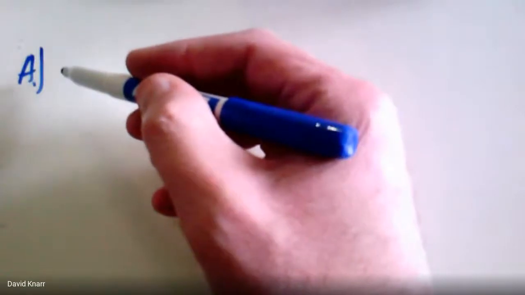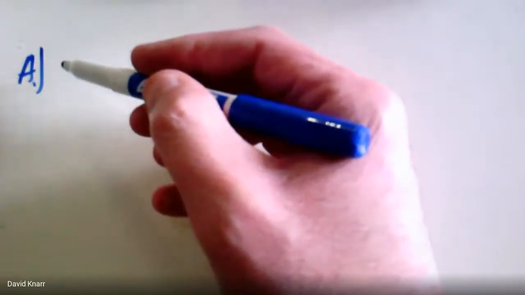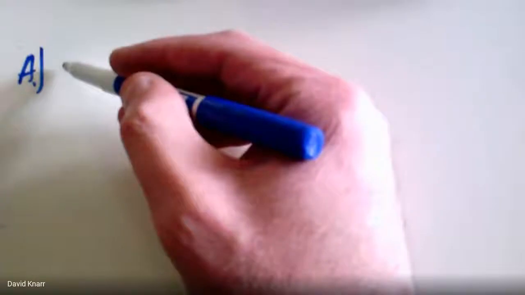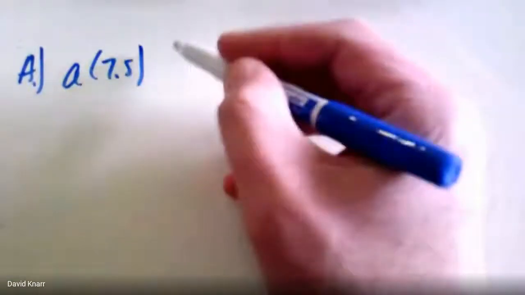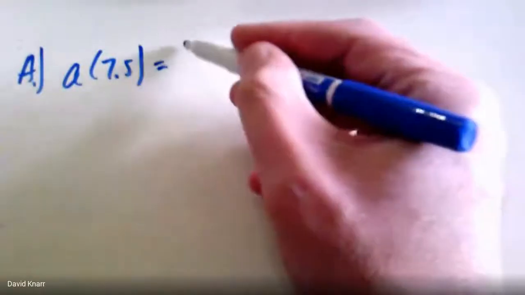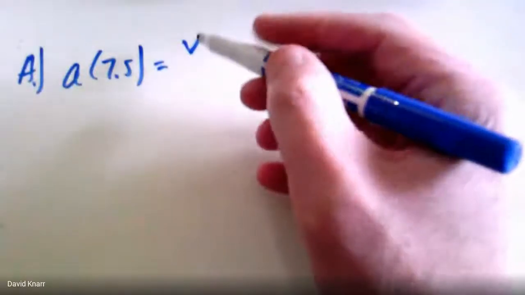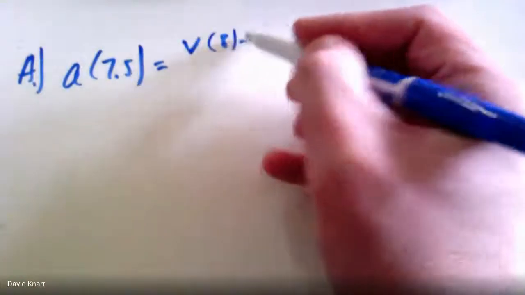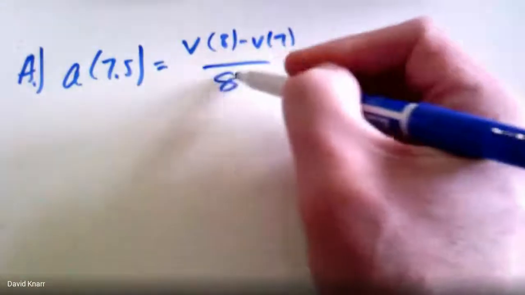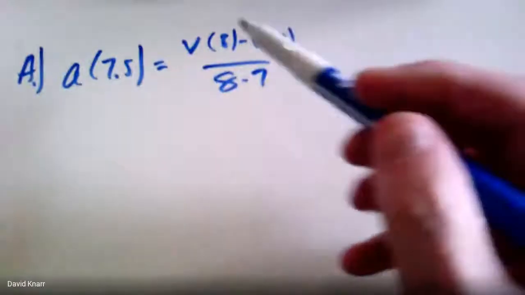So to get the acceleration at 7.5, you would have to calculate a of 7.5, right? That's going to be v of 8 minus v of 7 over 8 minus 7. You have to find the slope, right?